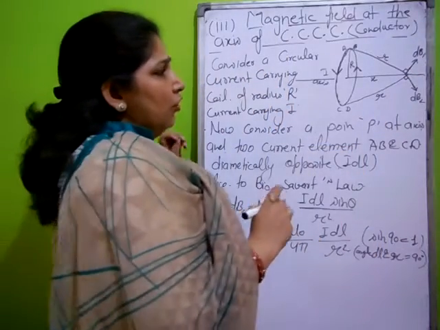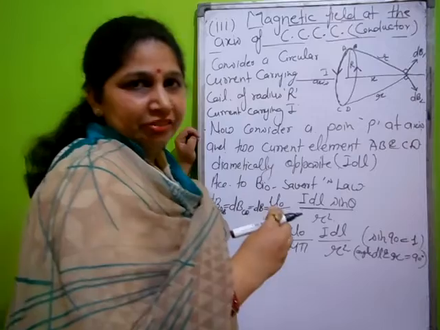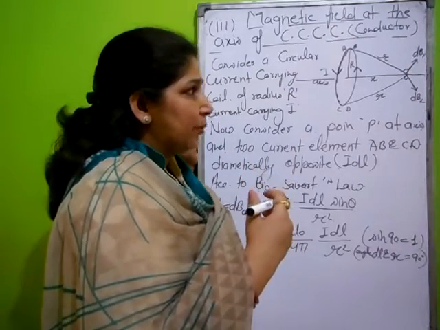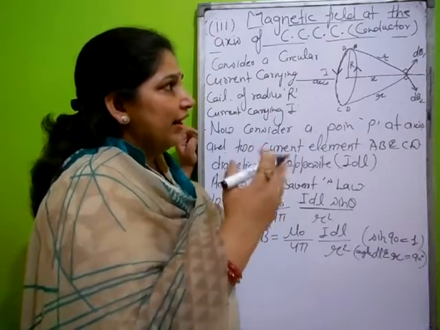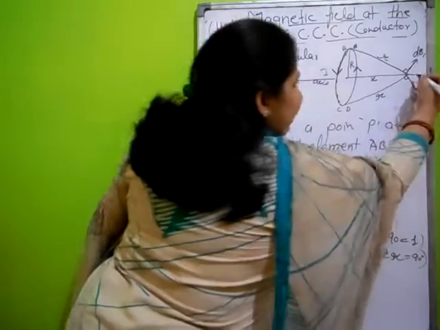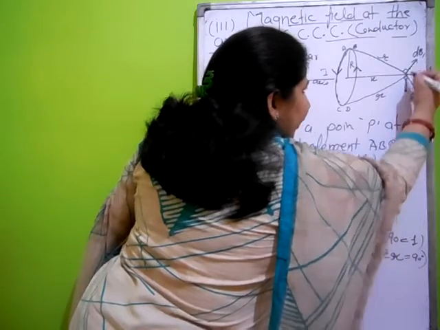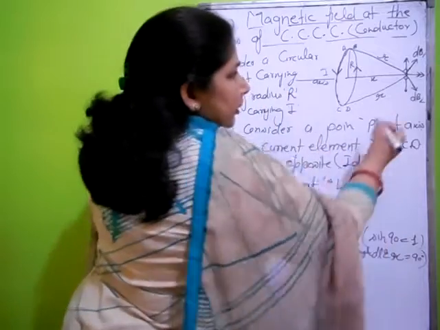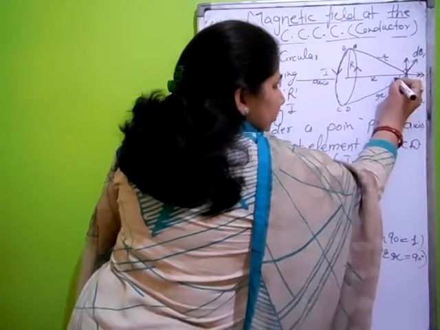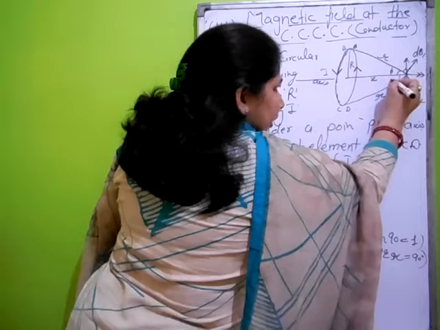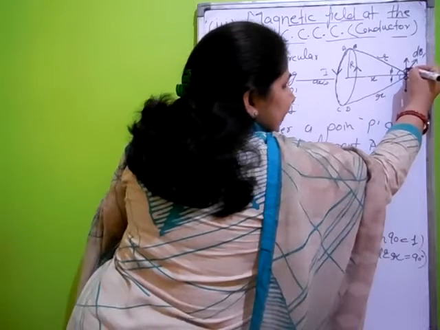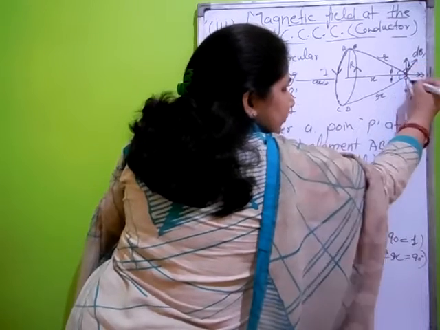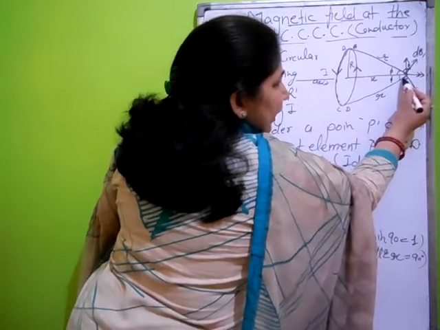Got it? Now we have to merge these two induced magnetic fields, as they are vectors. We will apply the vector property. Firstly, we will divide them into components, a perpendicular component and a horizontal component. Suppose this angle is phi. It will also be phi here, since this is 90 and this is 90.